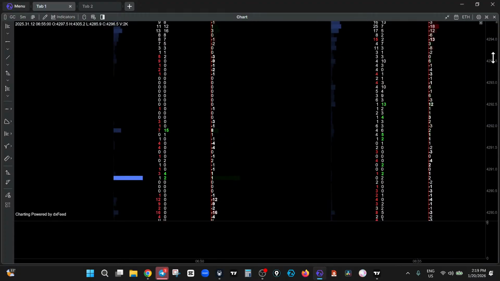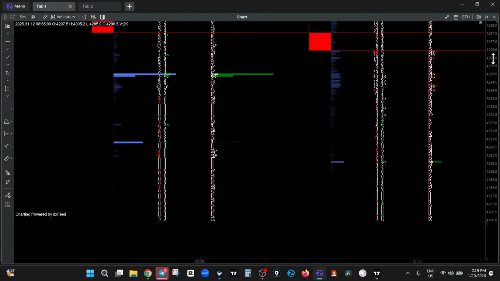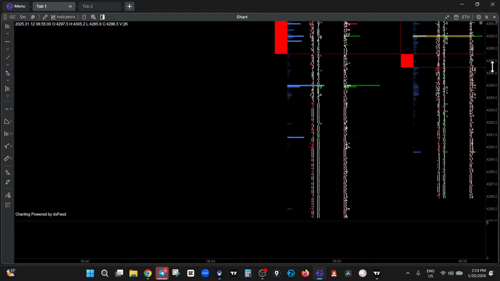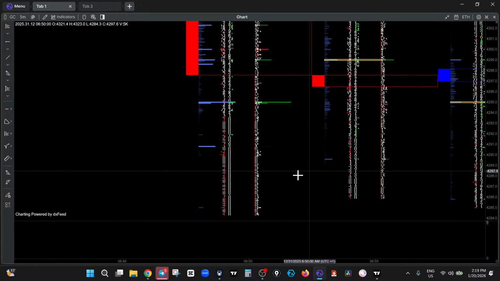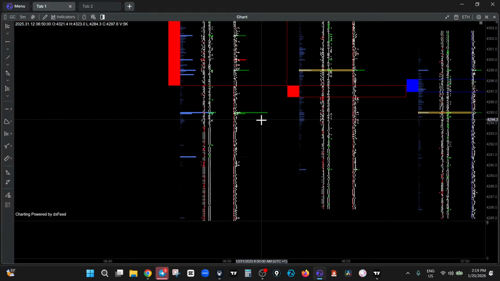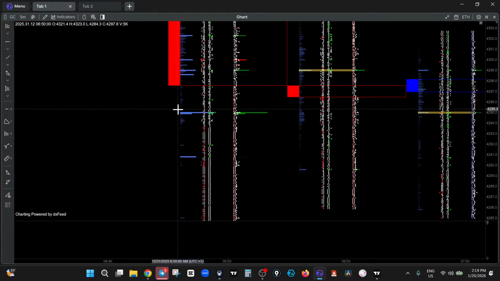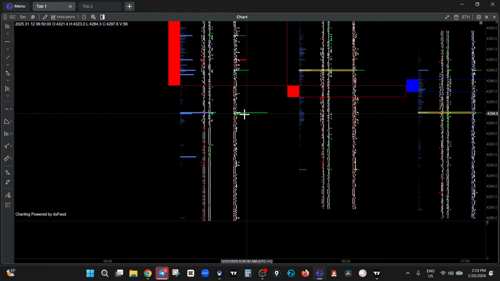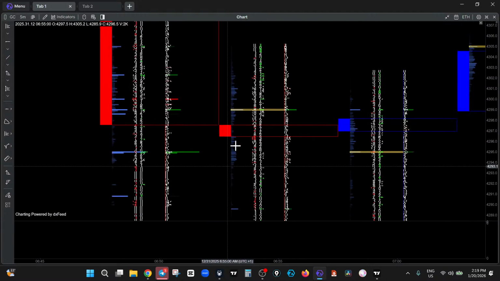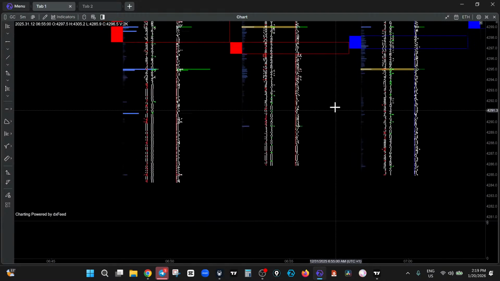So let me bring it down. Okay. So from there, you can see more orders are coming in. Trapped people are buying. You can see the buys are coming. The green is becoming obvious. You can see buy imbalance around there.